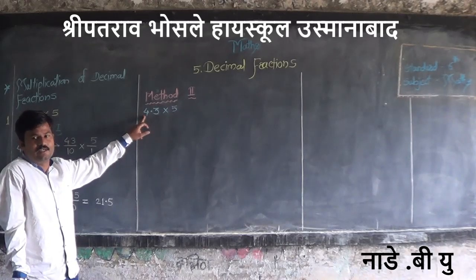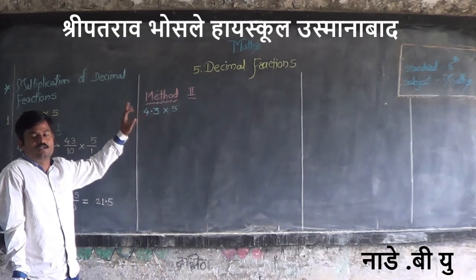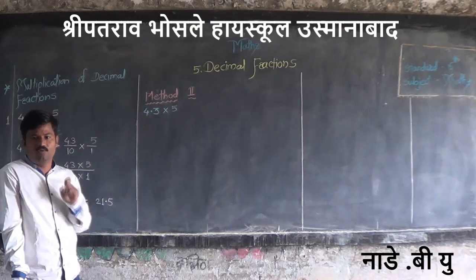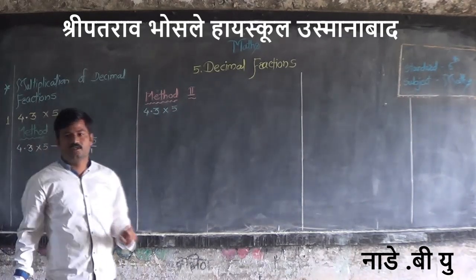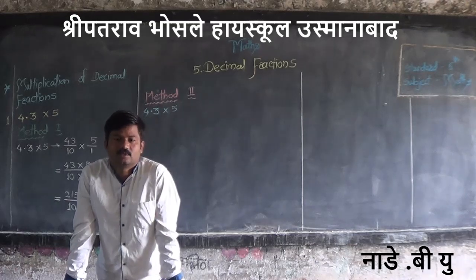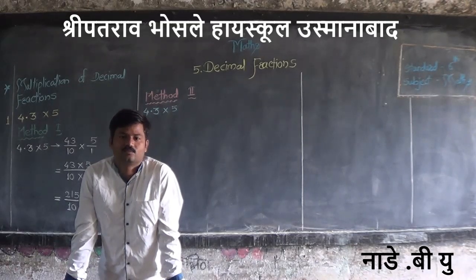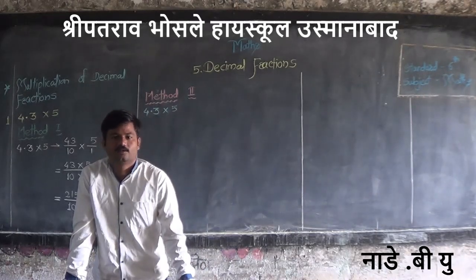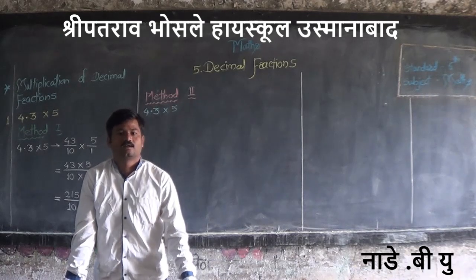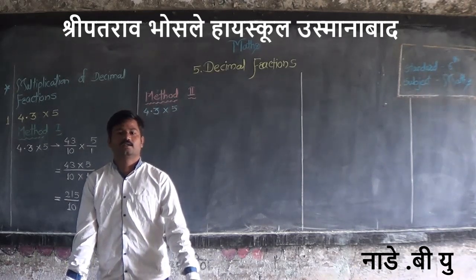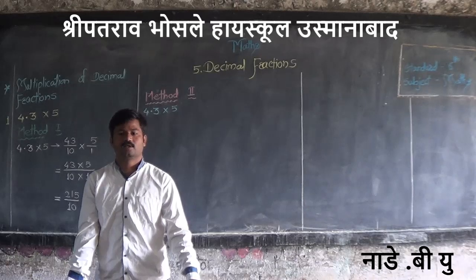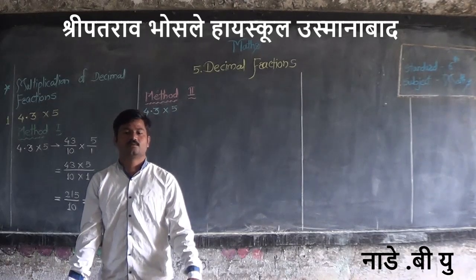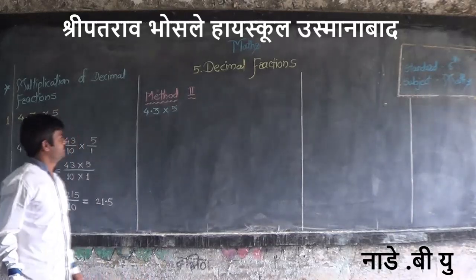And 4 is the integer. The integer's denominator is 1. We do not write the denominator 1 every time, but the meaning is that 1 is the denominator of all integers.